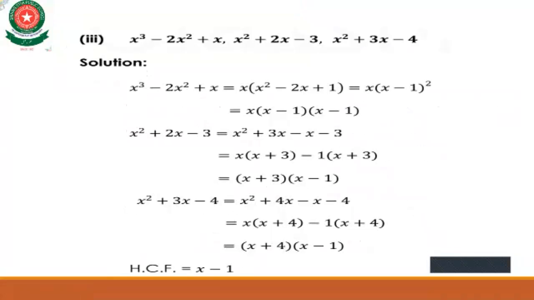The remaining will be x square minus 2x plus 1. x square minus 2x plus 1 matches the formula a square minus 2ab plus b square, which is equal to a minus b whole square. So the value of a is x and the value of b is 1. You can write it as x into x minus 1 and x minus 1, twice, because the power is square.